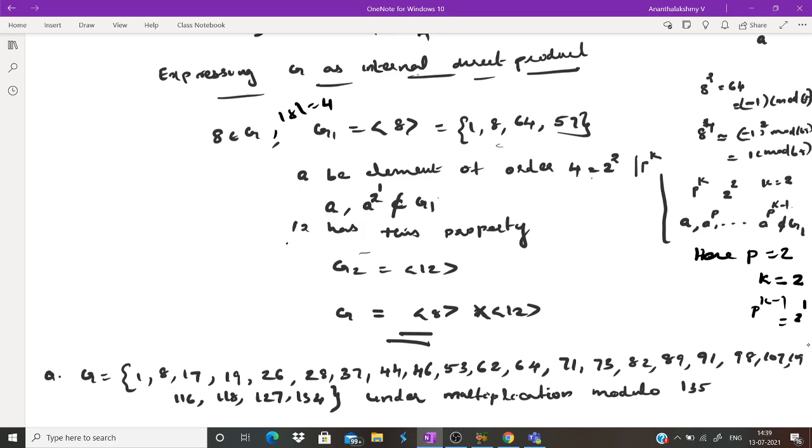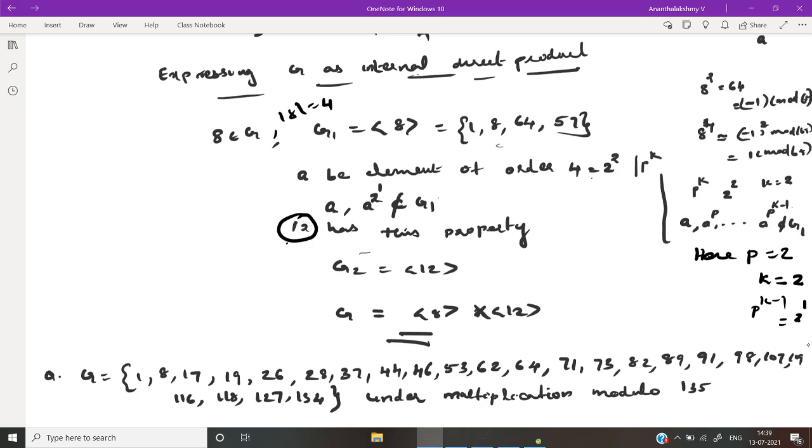The element 12 has this property, because 12 does not belong to G1, and also 12 squared, 121 mod 65, does not belong to this one. So you have to choose an element in such a way that the element and its square do not belong to G1. So 12 has this property. So write G2 as the cyclic group generated by 12.